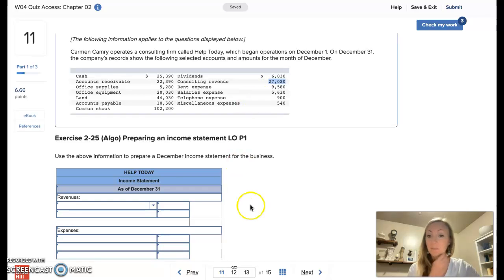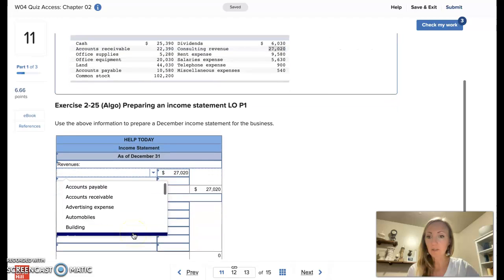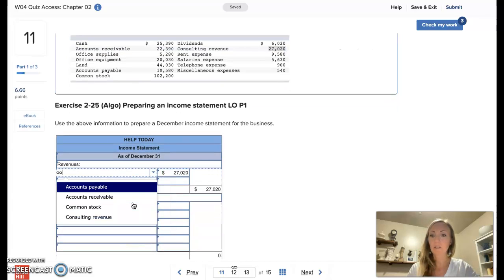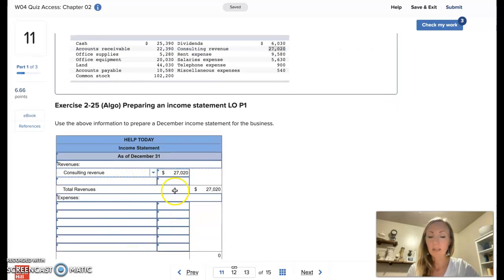I'm forgetting how to do everything while I'm doing this. Okay, we can put that number in there. This is a consulting revenue, so we can start typing that in. Then our expenses are all of these that we see.